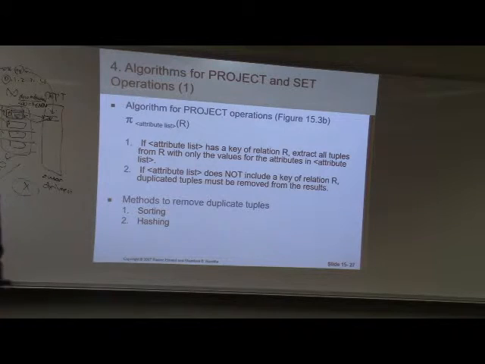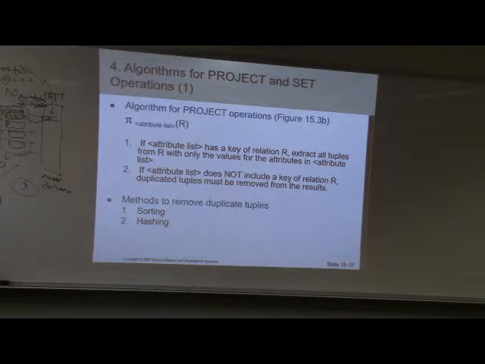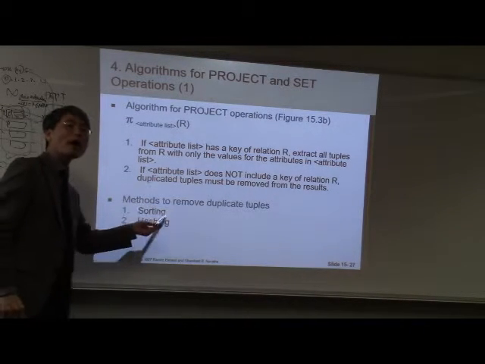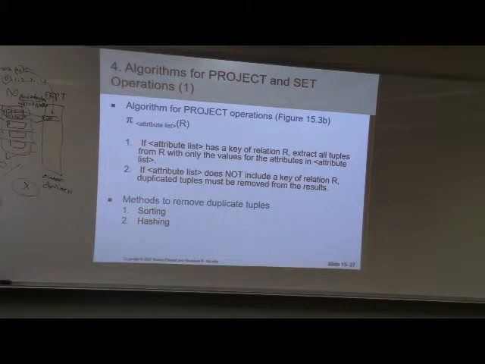One of the differences between relational algebra and SQL is that relational algebra does not allow duplicate data. On the other hand, SQL allows duplicate data. SQL returns the data as it is. So we don't have to worry about the sorting part or hashing part. So we are going to ignore such an overhead of the projection.